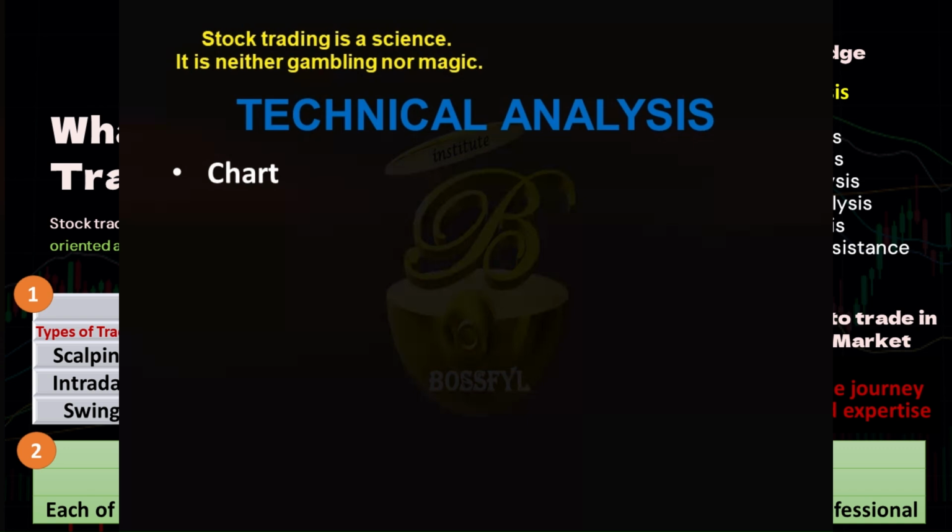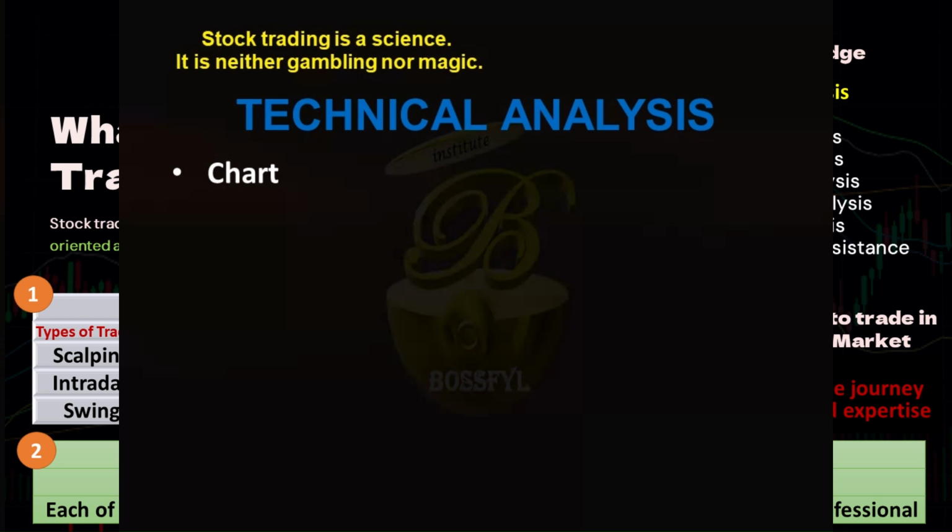For example, for a particular day when the stock market starts, say at 9:15 a.m. IST, and it gets closed at 3:30 p.m.